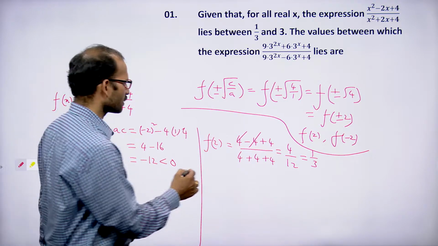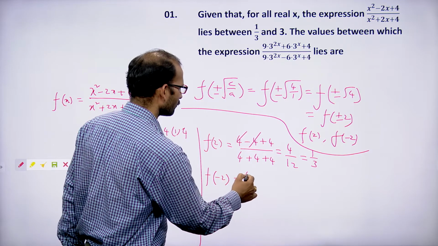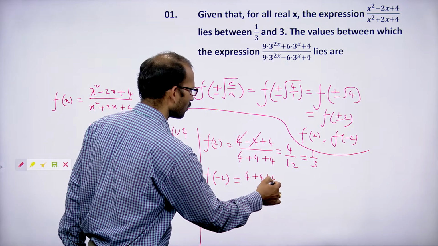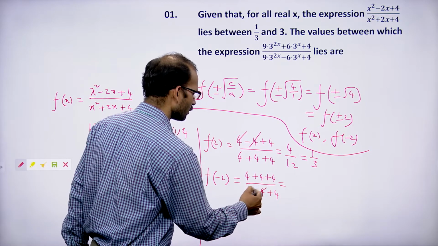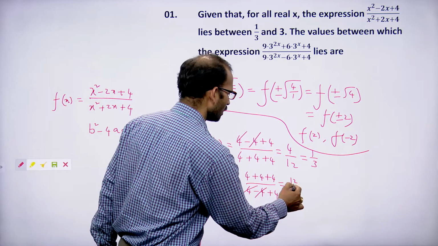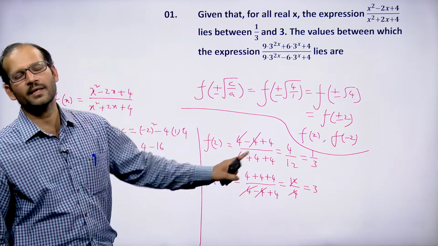Next, what is f of minus 2? That gives you 4 plus 4 plus 4 by 4 minus 4 plus 4, which gives you minus 4 plus 4 cancel, 12 by 4, which is 3. So 1 by 3 comma 3.